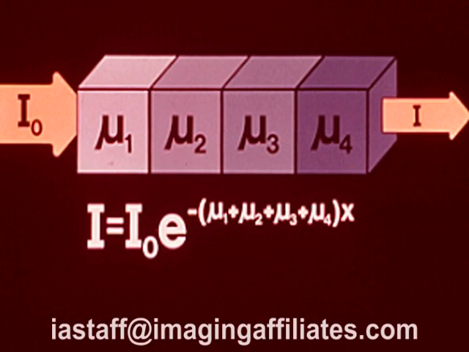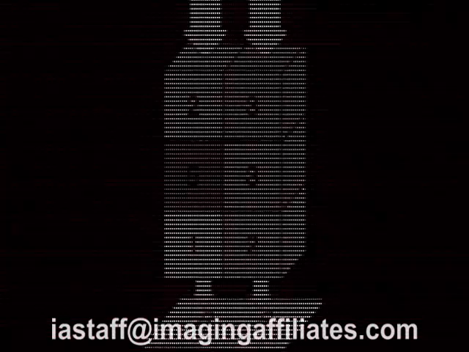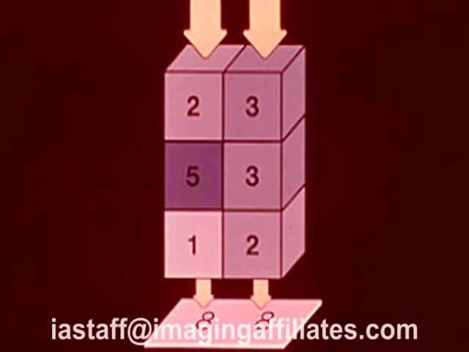However, it is not possible to reconstruct the mu values for each type of tissue. It's not difficult to visualize a situation in conventional radiography where the X-ray beam traverses 2 different tissue pathways. In this case, the transmitted intensity is recorded on X-ray film.